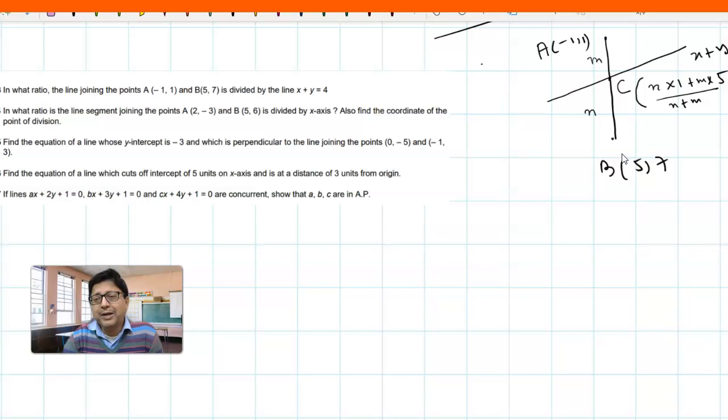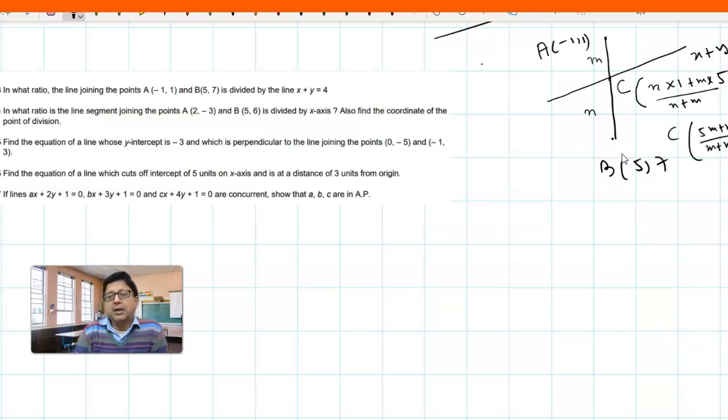So the coordinates of the point C are going to be ((5M plus N) by (M plus N), (7M plus N) by (M plus N)).